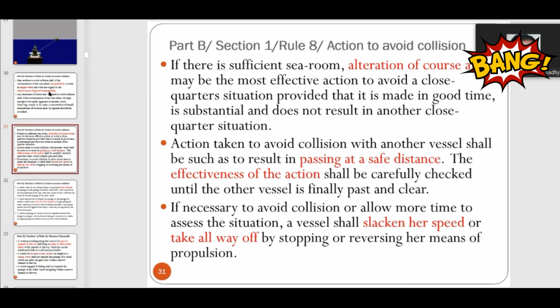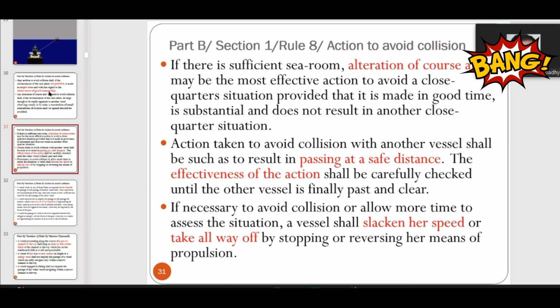Especially in the case of alteration of course, you should take this action when there is sufficient sea room. You have sufficient sea room, only one vessel, no other ships. In that situation, the most effective action is alteration of course rather than reduction of speed.